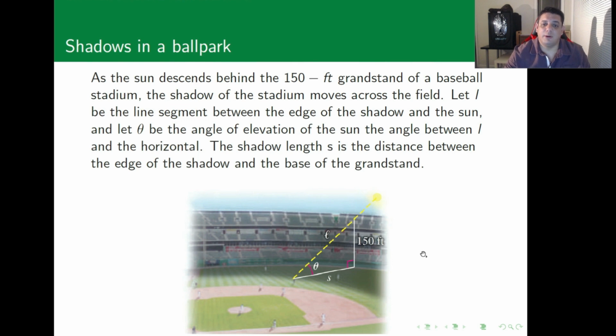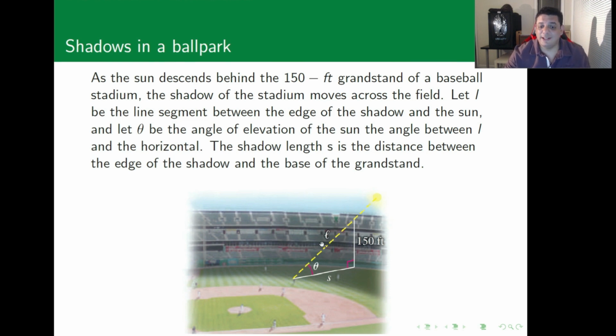Now we can describe the movement of the angle of elevation theta if we take into account the trigonometry of the right triangle. Because this is a right triangle, we can express theta in terms of the sine, cosine, or the tangent.